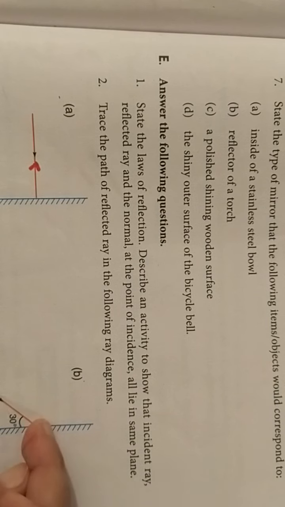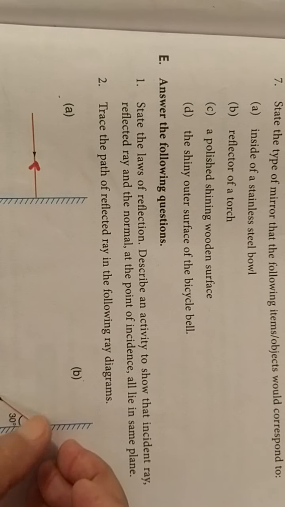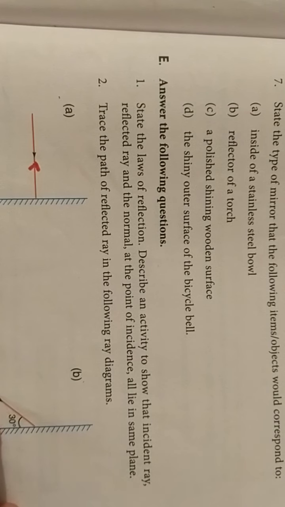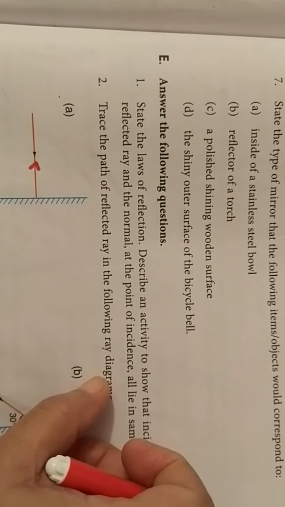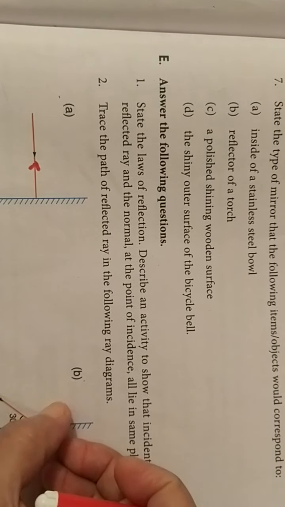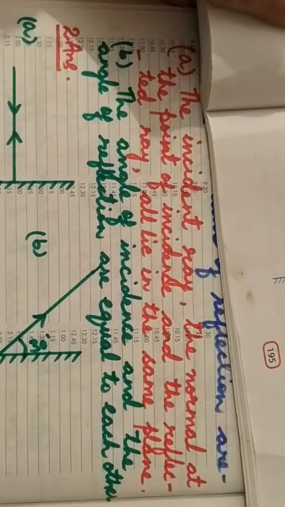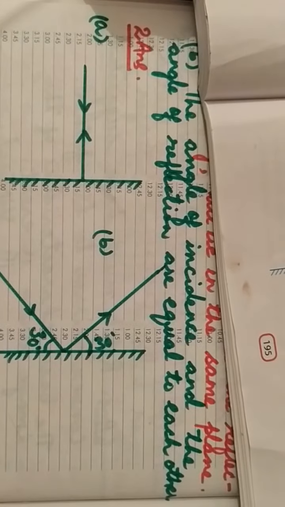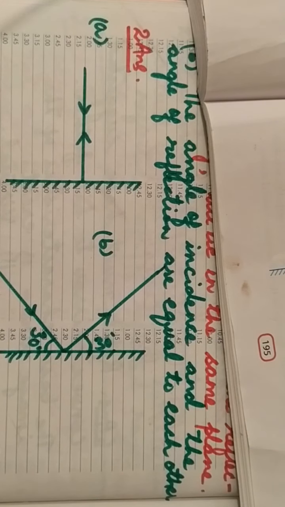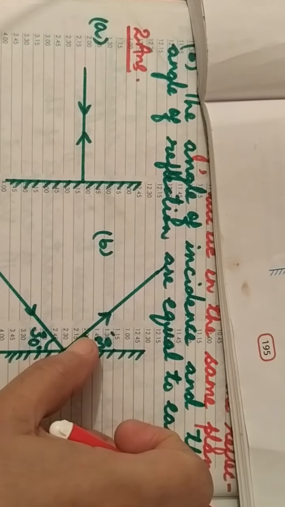Okay, not by the normal, it is the incident ray that is making an angle of 30 degrees with the plane mirror. So you have to draw the reflected ray in the same manner, that is, the angle between the reflected ray and the mirror is equal to 30 degrees. See, in this way you have to draw. This is the first one, and this one is the second one. See how the reflected ray is making a 30 degree angle with the plane mirror.